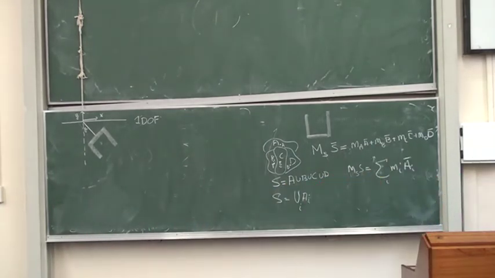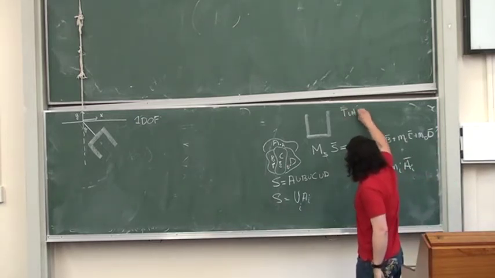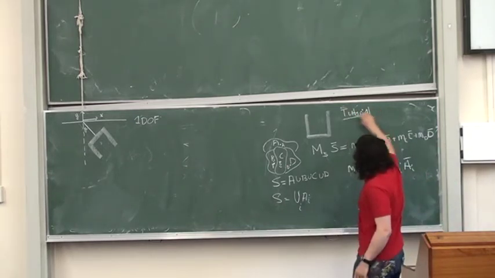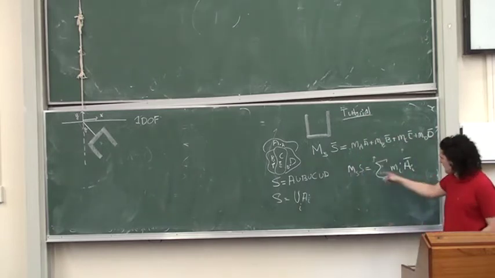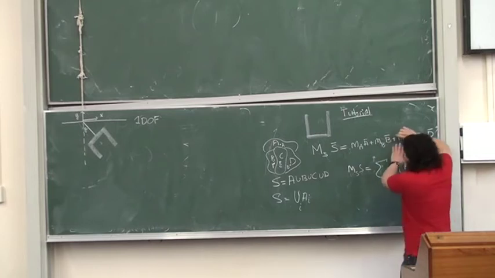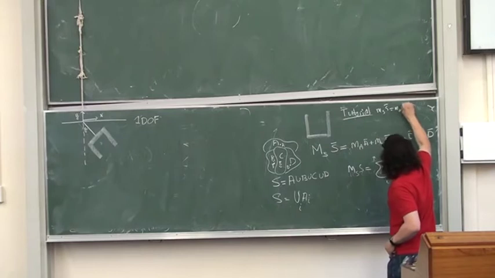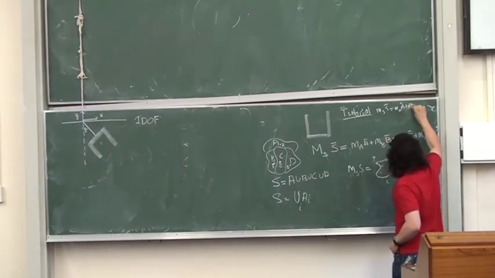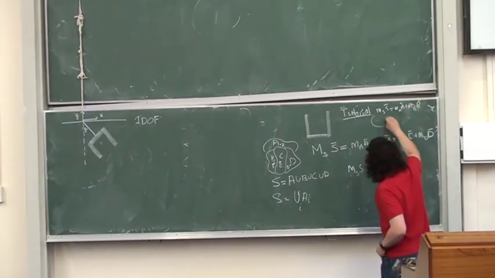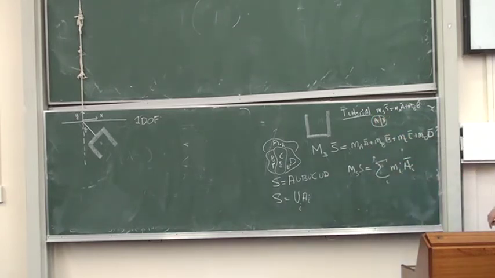In your tutorial, this result was proven when it's just A and B, so M_S times S bar is equal to M_A times A bar plus M_B times B bar, when S is just a union of A and B. But it's true for anything.